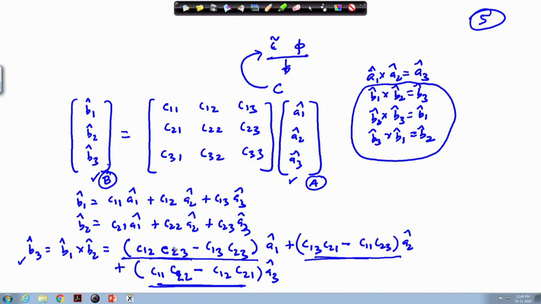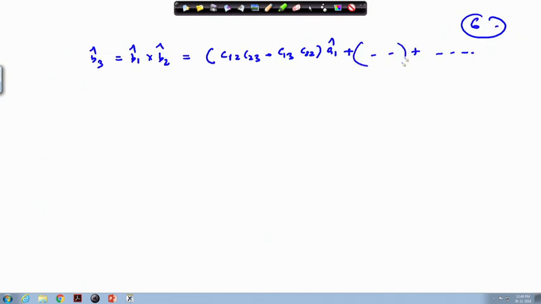So, this indicates A1 is here, A2 is here and A3 is here, and on the left hand side this is your B3. So, if we look for this particular part, this must be this term. I want to write it on the next page.